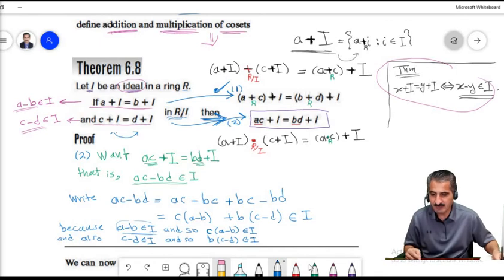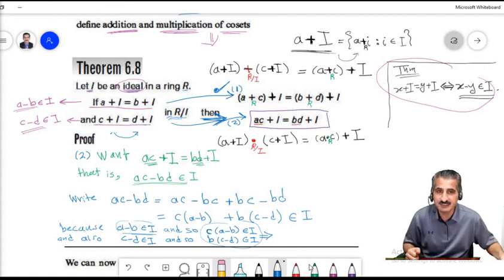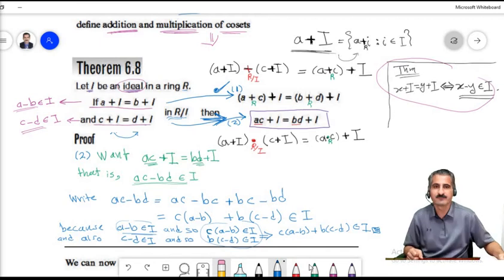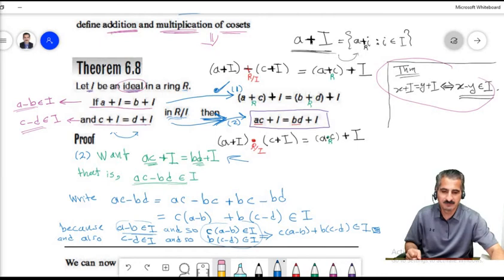And now we have these two terms belong to I, and therefore their addition must belong to I because I is an ideal. Therefore we have C times A minus B plus B times C minus D must belong to I, and then we are done. Okay, and so we proved what we wanted in green.